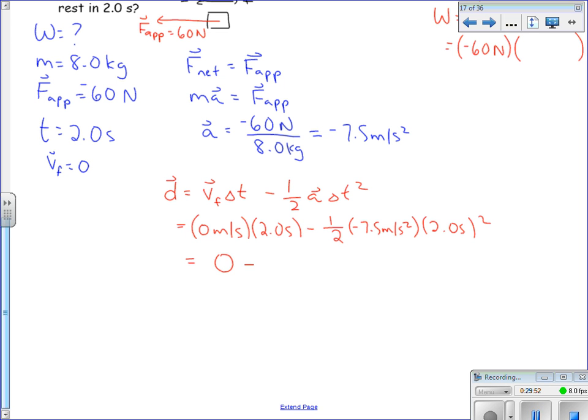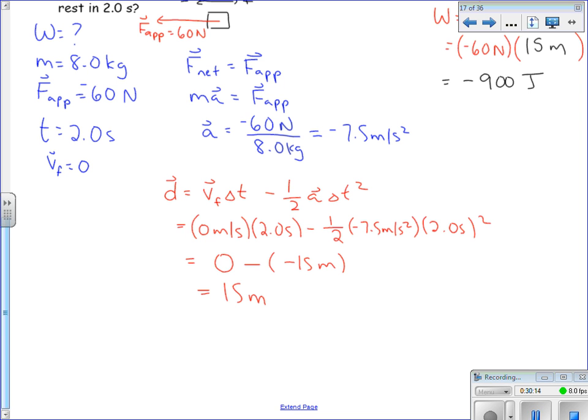So this is 0 minus negative 15 meters, or just a distance of 15 meters, which we can then plug into our formula up here, negative 15 meters. And what that gives us then is negative 900 joules of work is done. I'll just leave that as negative 900, not bother about the sig digs for that.